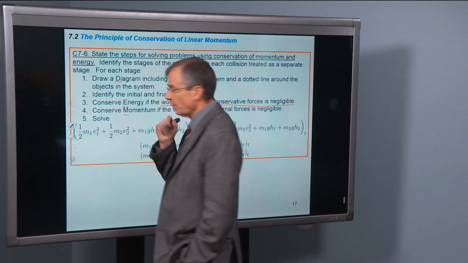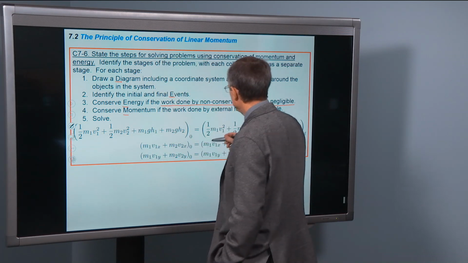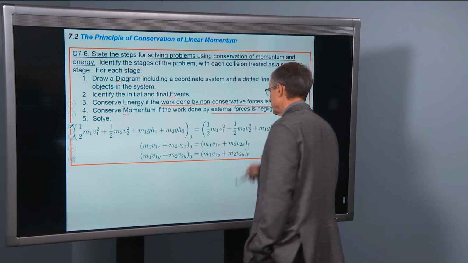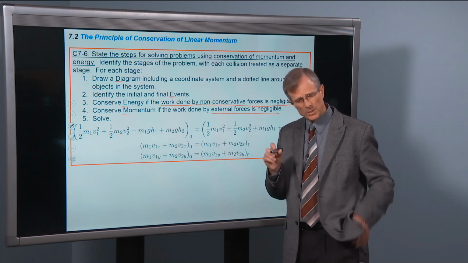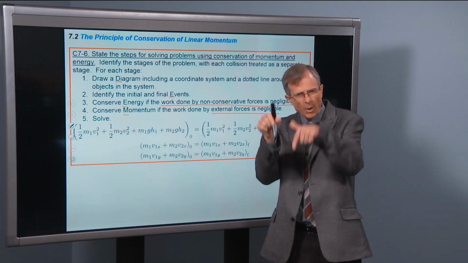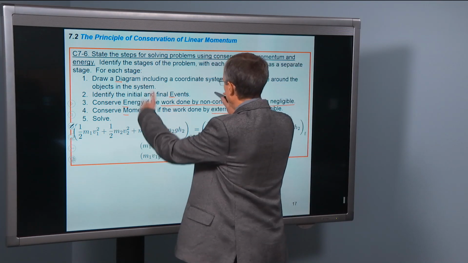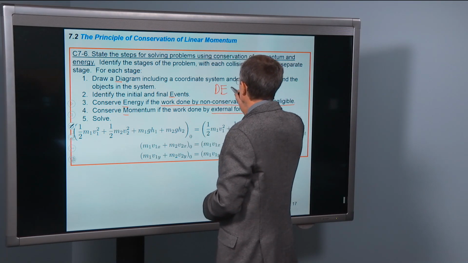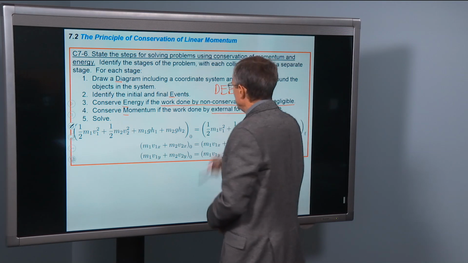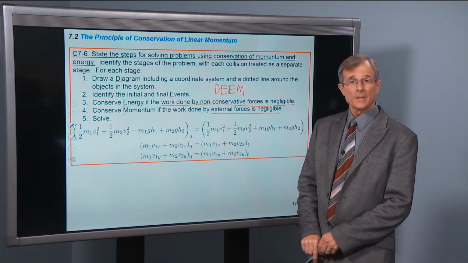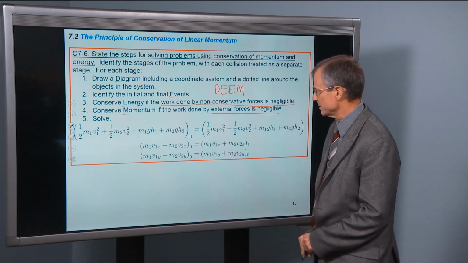You're going to conserve momentum if the work done by external forces is negligible. The ones that act from outside the system on objects in the system. So this is an acronym if you want one. I deem this procedure worthy of my consideration and yours.